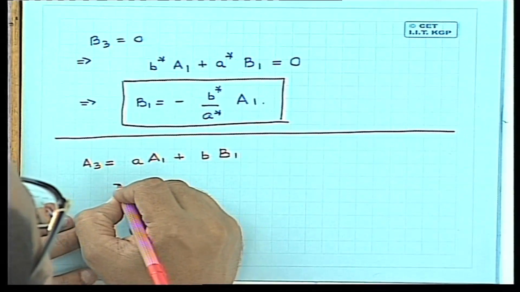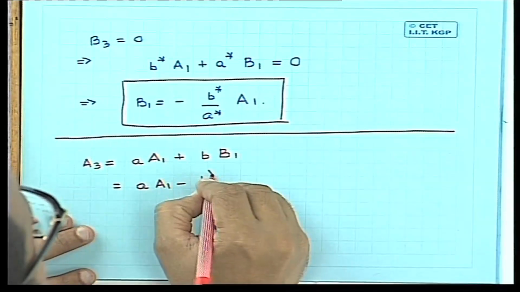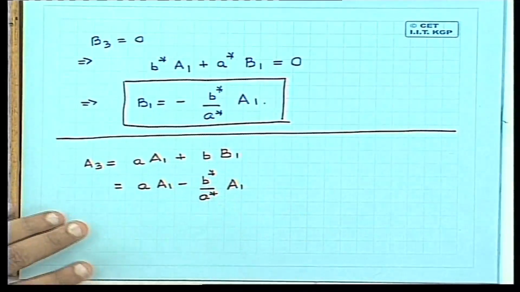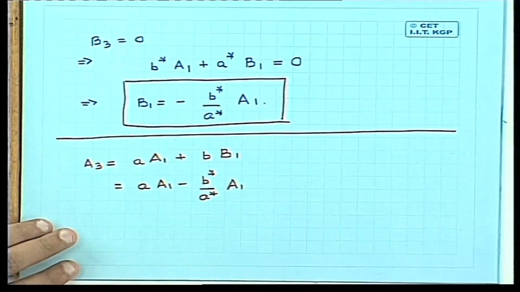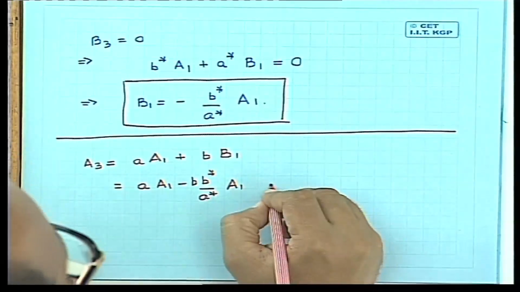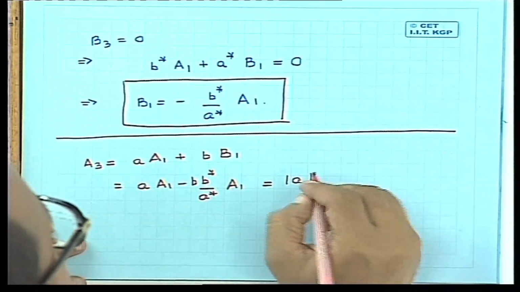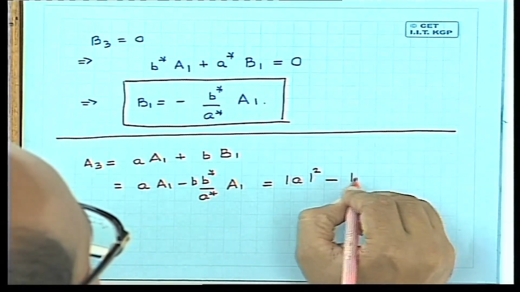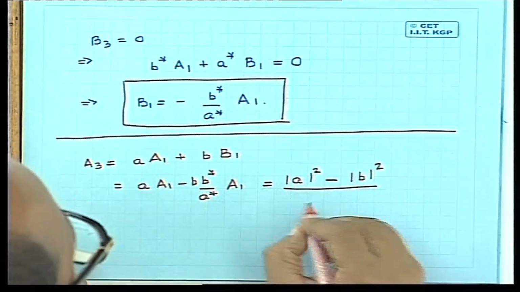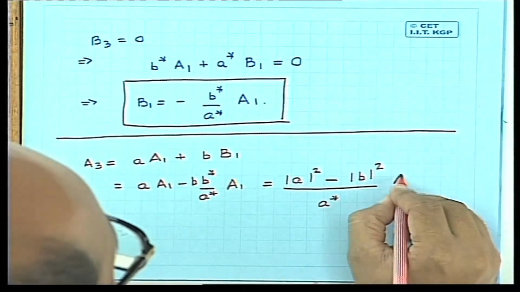So this is equal to A into A1 minus B star by A star A1 into B. So this is equal to (mod A squared minus mod B squared) by A star into A1.